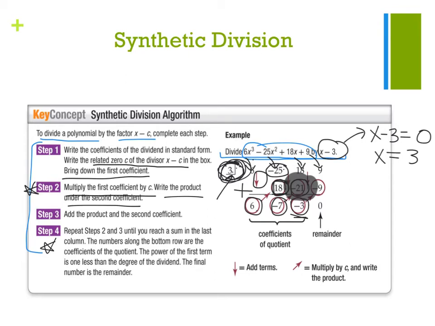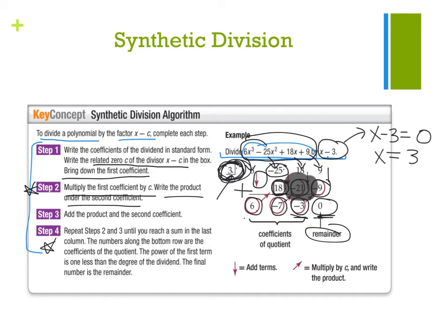And negative 3 times positive 3 gives me negative 9. And when I add the last column, that gives me a 0. Now, the last number in synthetic division is always a remainder. In this case, our remainder is 0, so the polynomial 6x cubed minus 25x squared plus 18x plus 9 is evenly divisible by x minus 3.